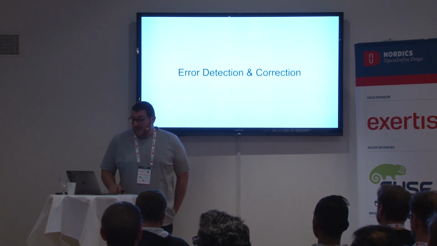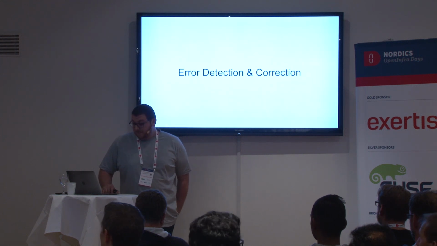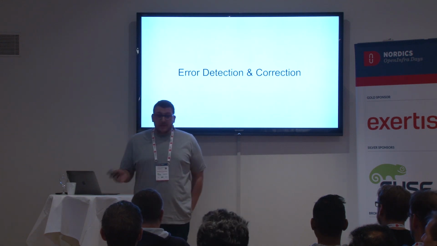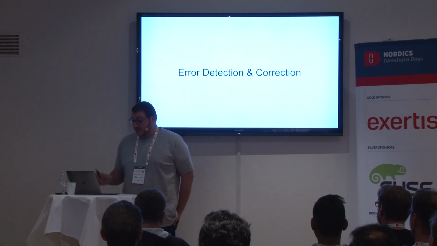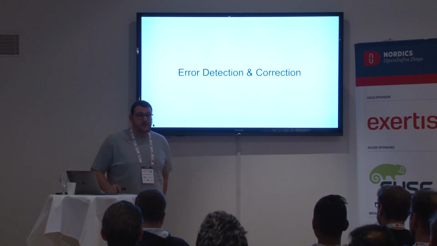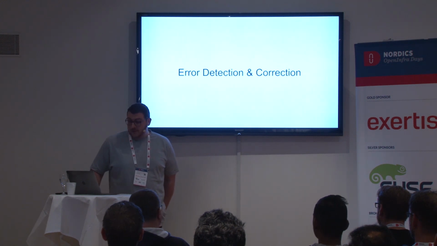But yeah, he made me curious about error detection and correction and how it relates to RAID and other technologies. So I did some digging around and found that there's actually lots of different ways of doing this, and it's been around for like 70 years. And so I thought I'd give you an overview of a few of the different technologies and how they work. Each one of these techniques has its own pros and cons and trade-offs that you have to consider.